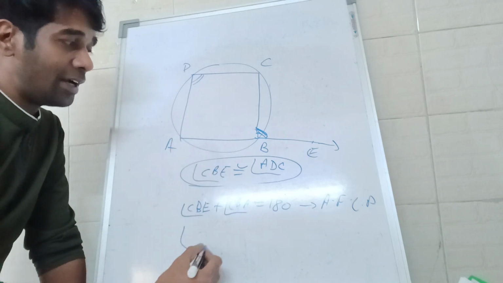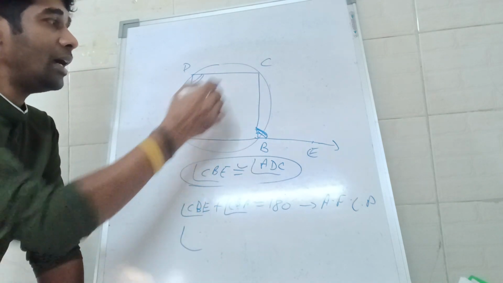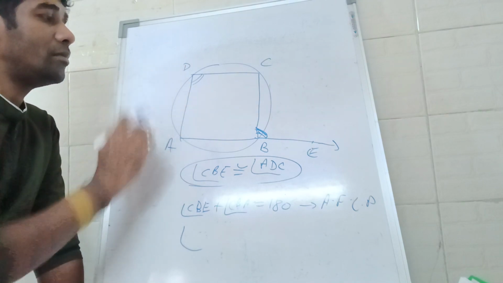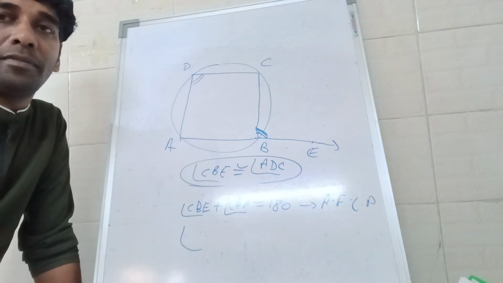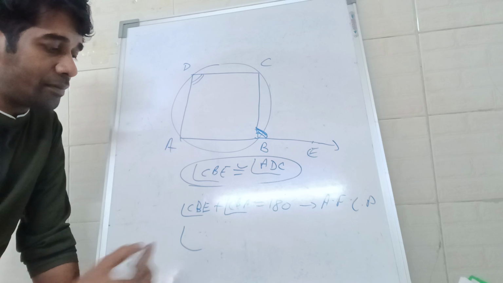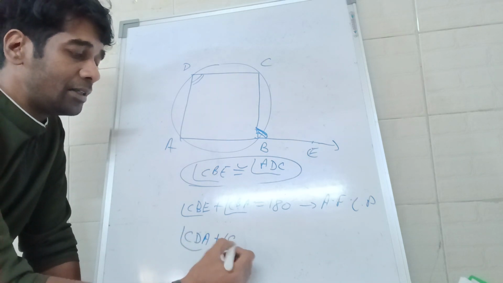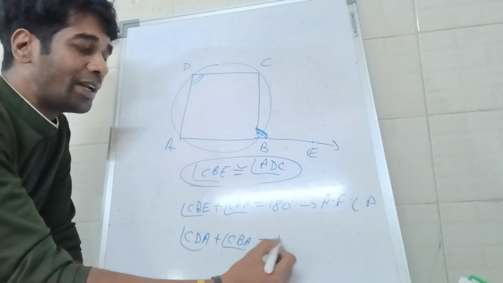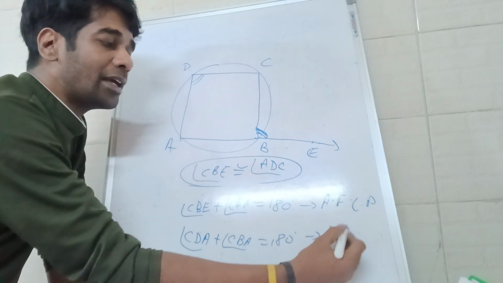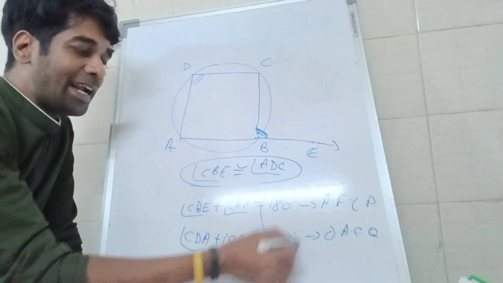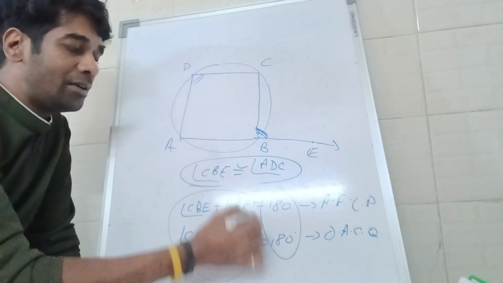Now in a cyclic quadrilateral, angle CBA and angle CDA both form 180 degrees. So angle CDA plus angle CBA is equal to 180 degrees. Opposite angles of a cyclic quadrilateral are supplementary. Because my right hand side is the same, my left hand side will be the same.